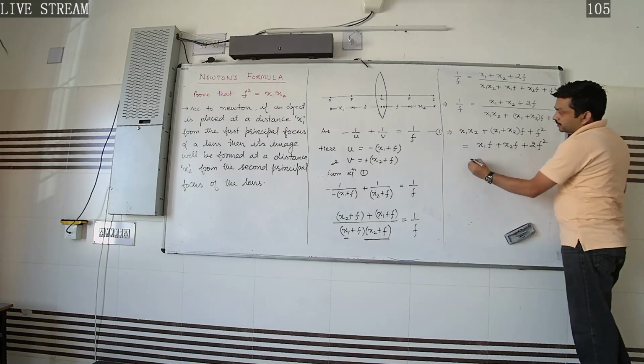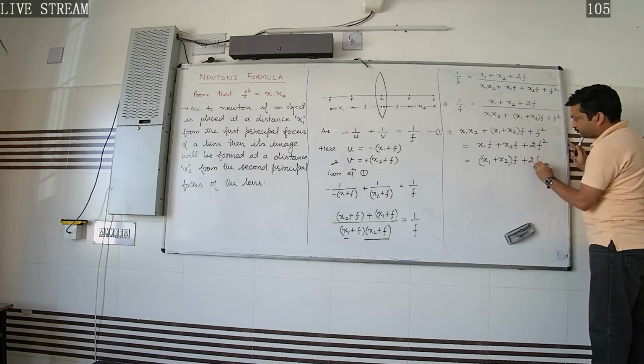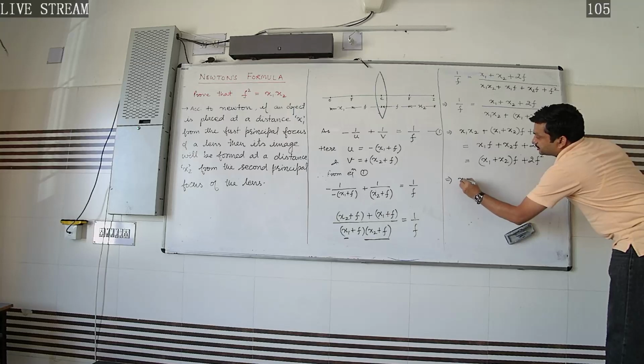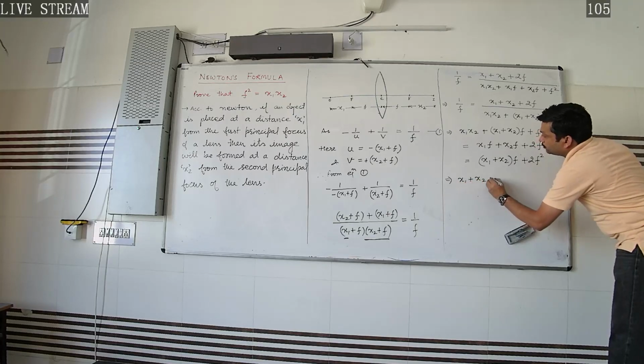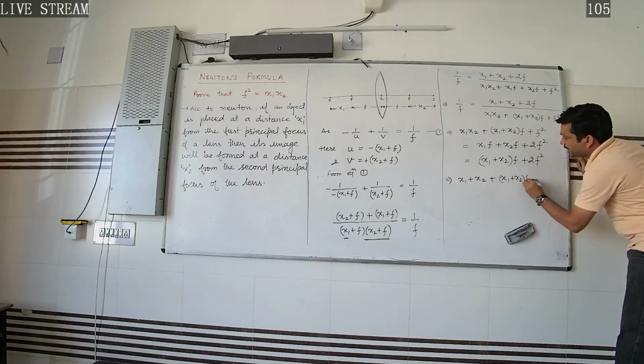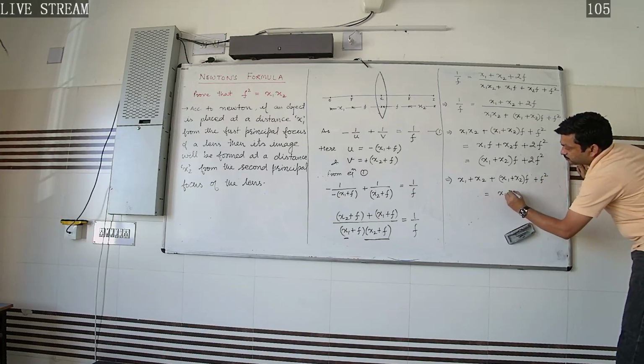Here again on the right hand side we are taking the common x1 plus x2 into f plus 2f square, or in the next step we can write it as x1 x2 plus x1 plus x2 into f plus f square is equals to x1 plus x2 into f plus 2f square.